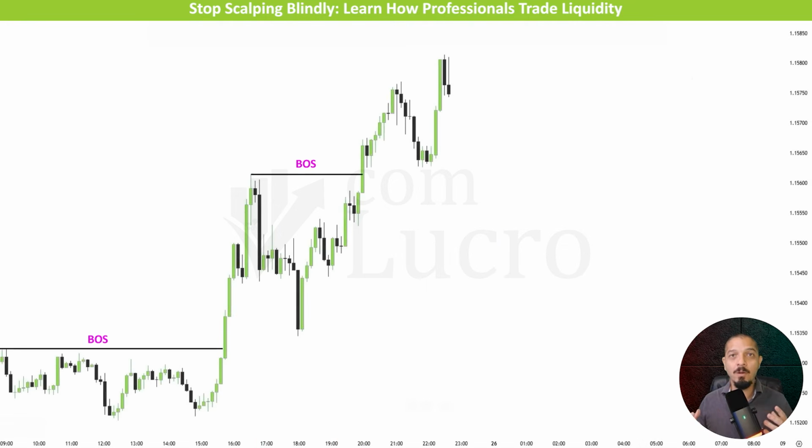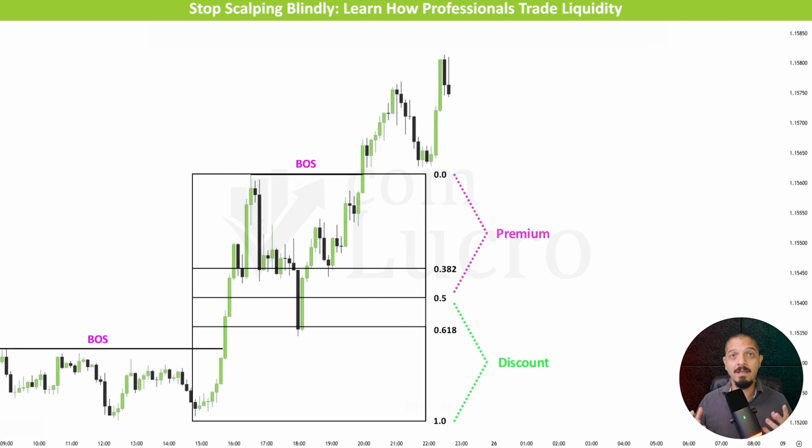To establish a proper trading range, the first step is to find the most recent, valid, and confirmed break of structure impulse leg. In this example, the break of structure is considered valid because before price continued higher, it pulled back into the discount zone, trading below the 50% Fibonacci level and activating resting buy orders.